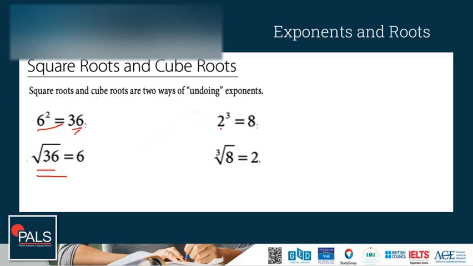Another example, 2 cubed is equal to 8. 2 times 2 is 4, times 2 is 8. That's correct. And the cube root of 8 is equal to 2. So again, square roots and cube roots are two ways of undoing exponents.